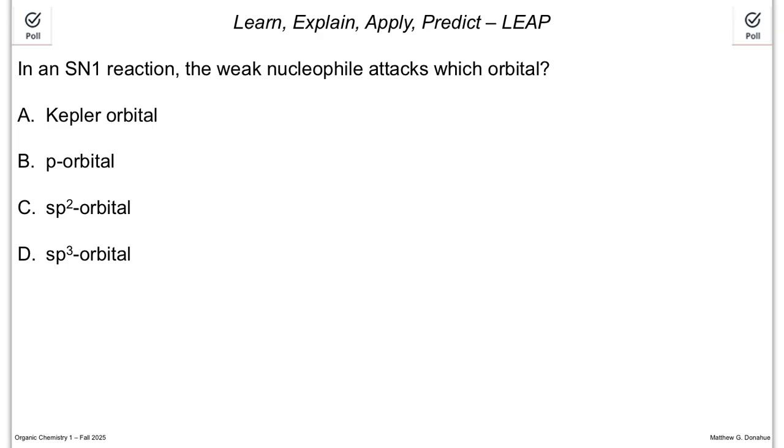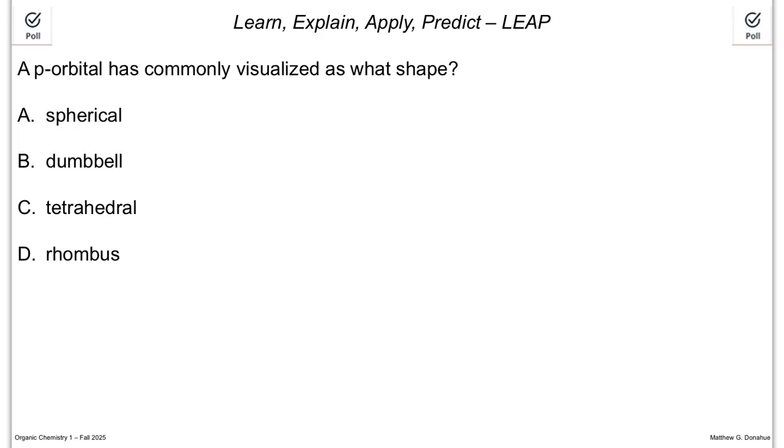So in an SN1 reaction, the weak nucleophile attacks the p orbital. The p orbital is dumbbell shaped.